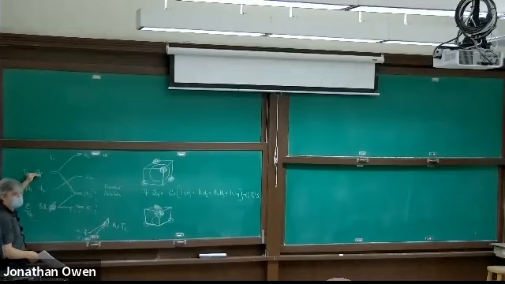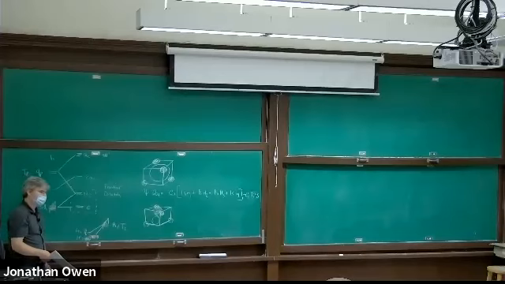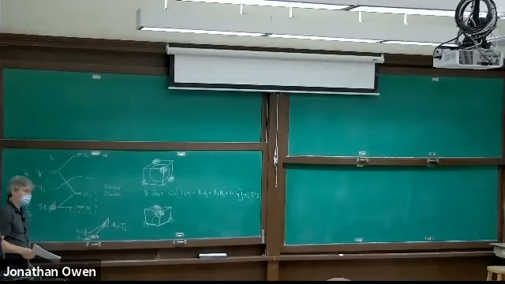So maybe the combination of bonding interactions with both pushes that lower than 1A1. That would be my intuition about how to think about it, and I could be wrong. But in general, even if you forget about this one, these two are closer in energy, and so I would expect that to be lower as a result. So it's different for methane, but it doesn't necessarily have to be consistent.